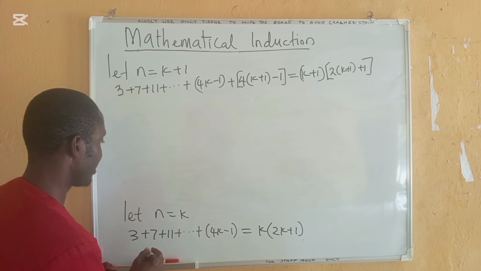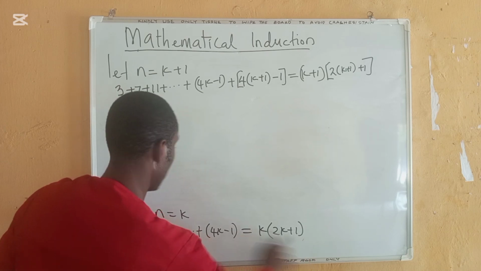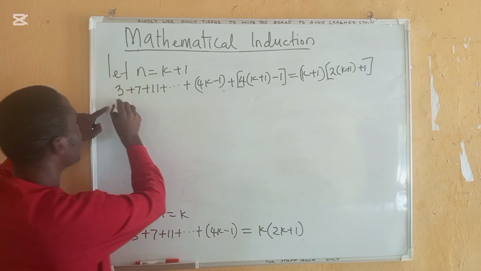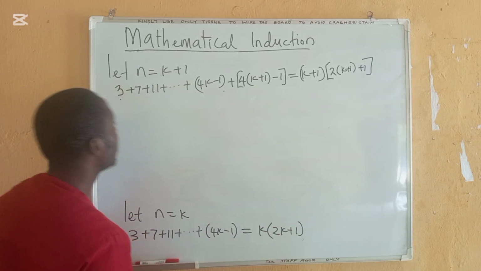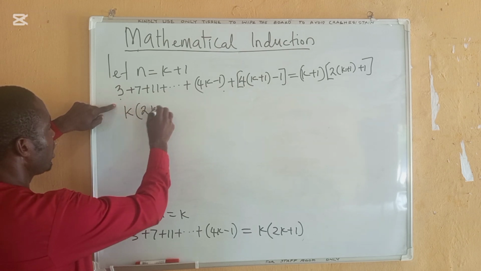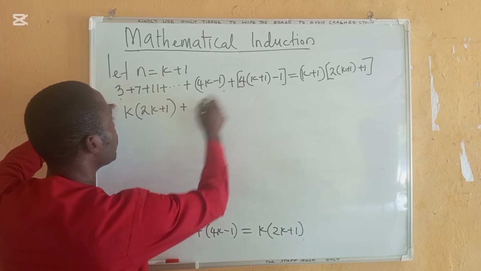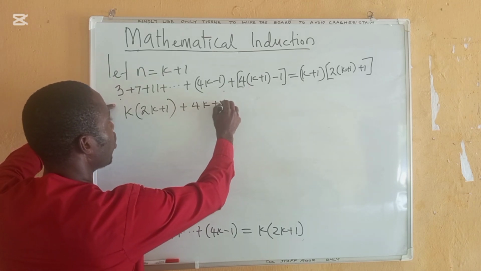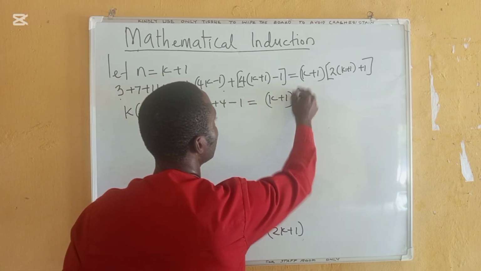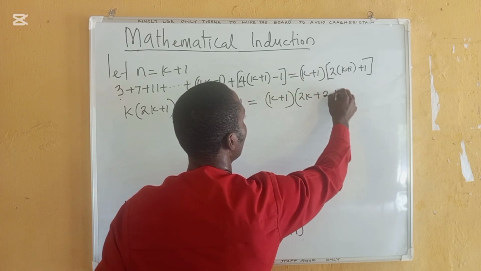We can recall that the whole of this statement, from here to here, is equal to this. So from here, we can replace it by k into 2k plus 1. So we are going to have k into 2k plus 1, which is this, plus this, which will give us 4k plus 4 minus 1, is equal to k plus 1 into 2k plus 2 plus 1.